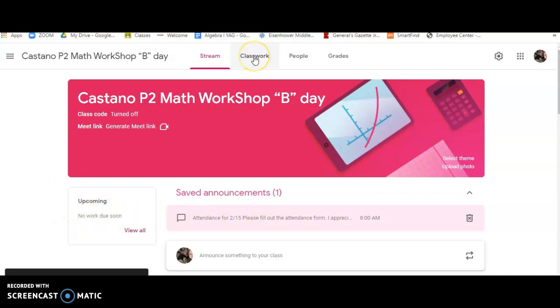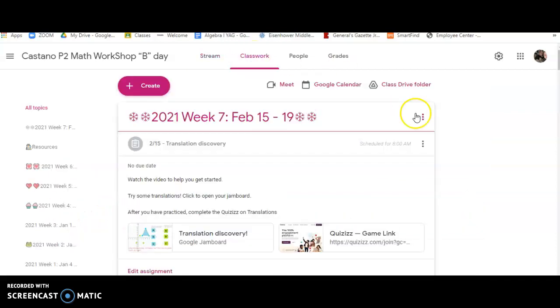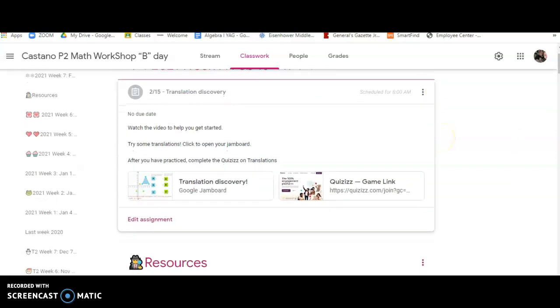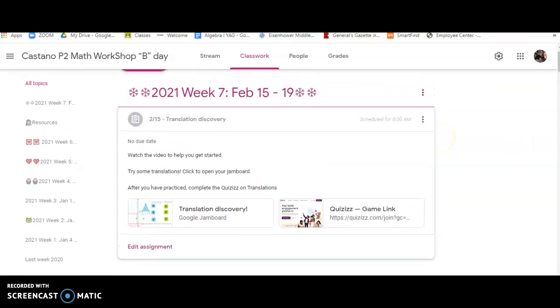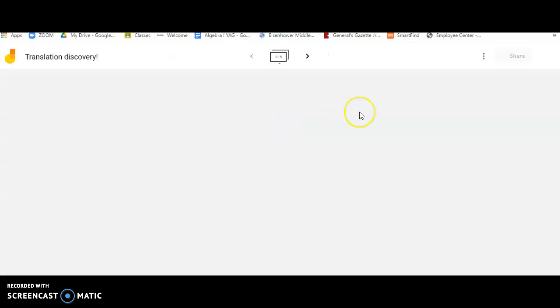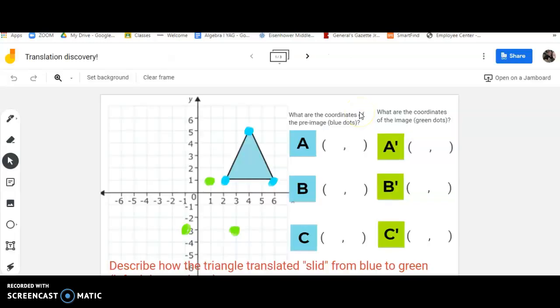Now if you would go to classwork, you have a new assignment posted called Translation Discovery. If you click on that one, it is going to open up a Jamboard, your own Jamboard.